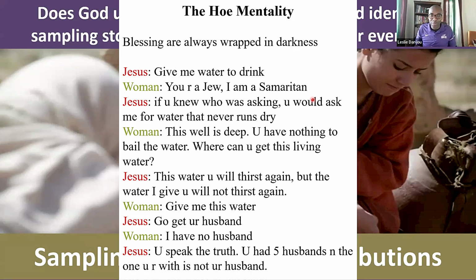And then we're going to wrap up with the actual scripture verse of what actually happened to her, all right? So I want you to think of it from the whole mentality perspective, all right? Blessings are always wrapped up in darkness. Your light is at the end of the tunnel. Don't see your negative as negative, but see your negative as a way for you to get to the positive, in other words. All right.